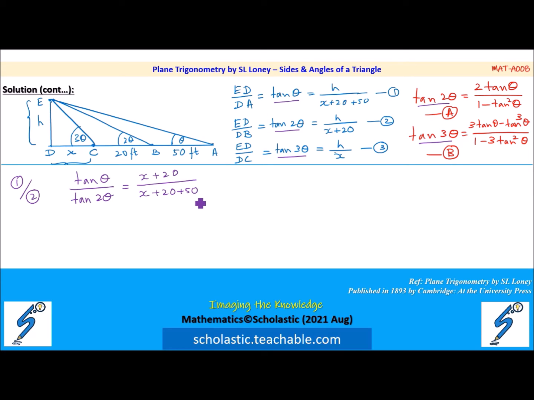Okay, so tan 2 theta can be substituted from this equation. That means which is equal to tan theta divided by 2 tan theta multiplied by 1 minus tan squared theta. So we can see something here. So basically tan theta and tan theta will cancel off.